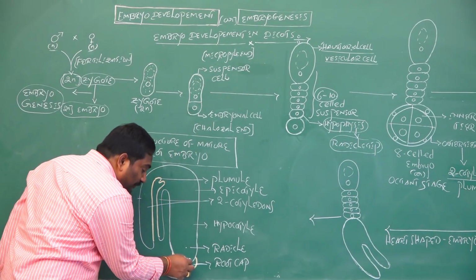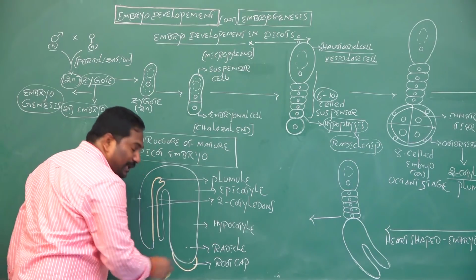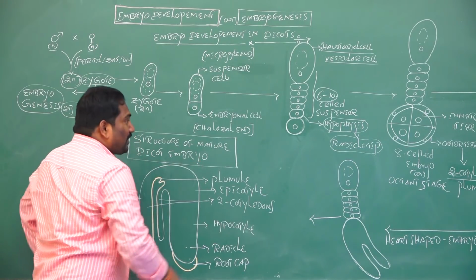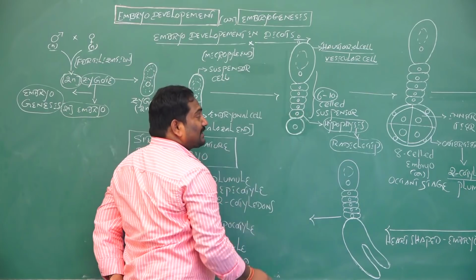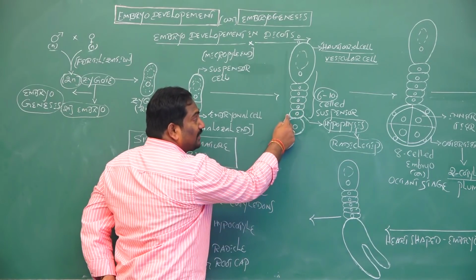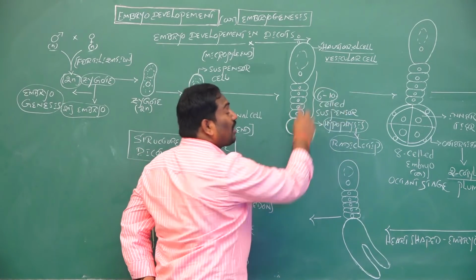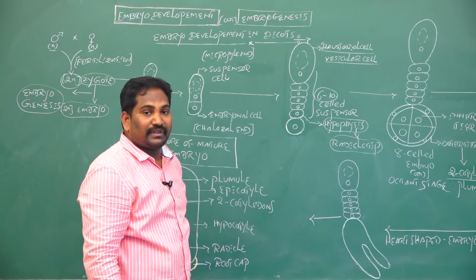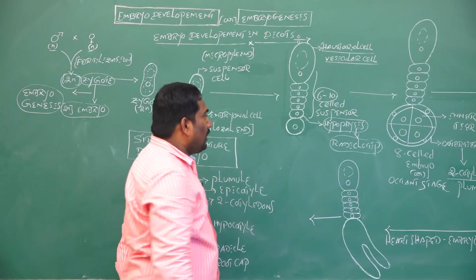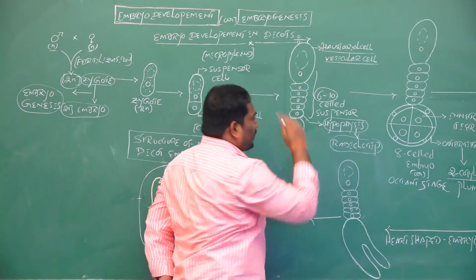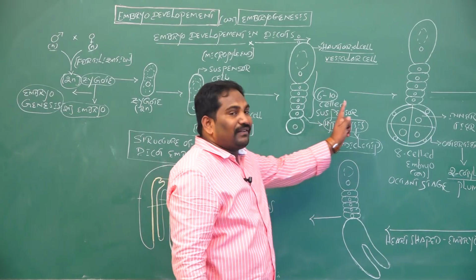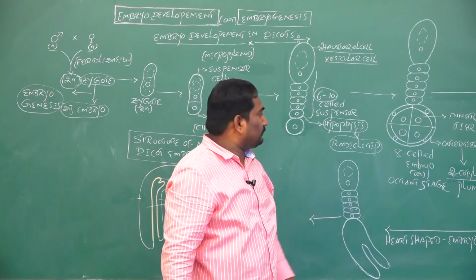The formation of the root tip or radicle tip in the dicot embryo is because of the hypophysis, the last cell of the suspensor. Is it clear?